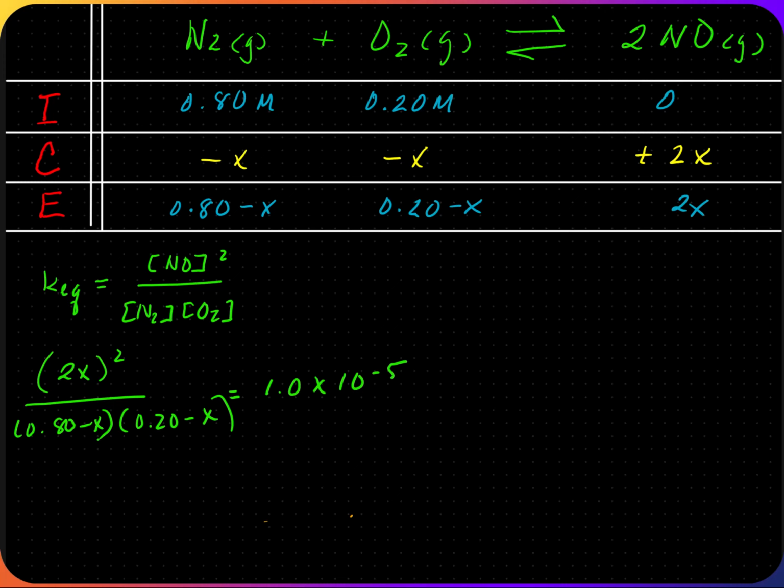When we apply the 5% rule, we say the x values are so small that if I subtract 0.8 minus x, it is 0.8. And if I subtract 0.2 minus x, it is 0.2. Simplifying, this is 4x squared over 0.8 times 0.2 equals 1.0 times 10 to the negative 5th. So cross multiply.